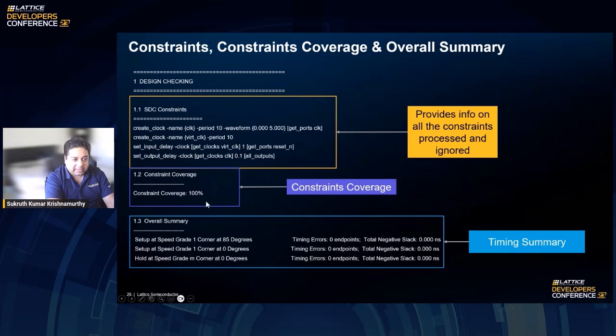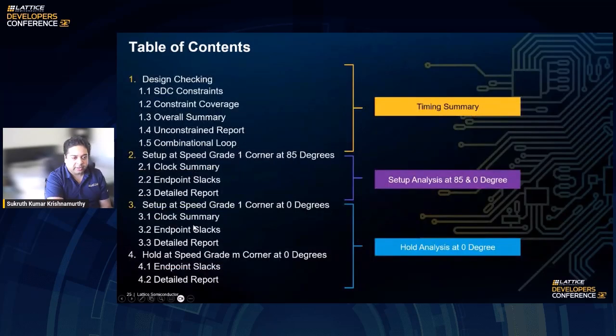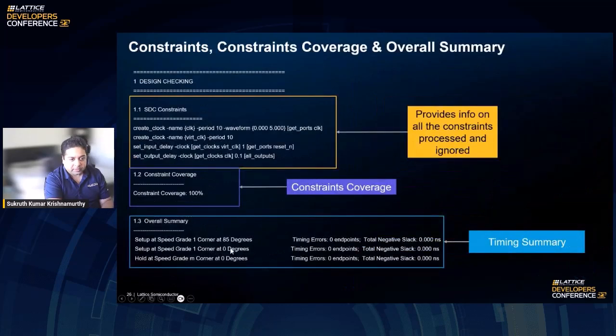Constraints coverage in this case is 100% because we've constrained all the clocks and all the I/O ports. The overall summary gives you a summary for the different speed grades. It provides the setup at multiple temperatures, which is at 85 degrees and 0 degrees, and hold at 0 degrees. This tells you if there are any timing violations in each of these corners.